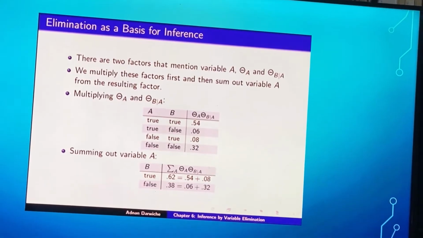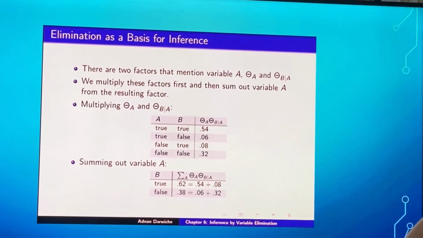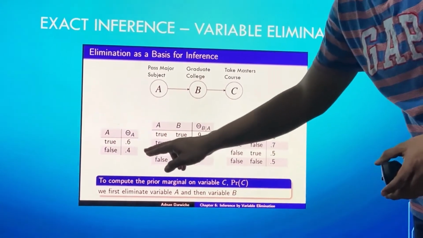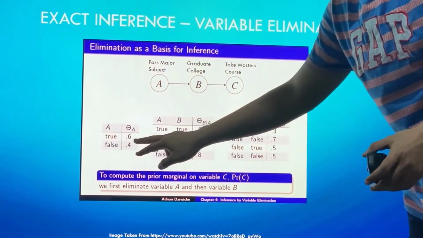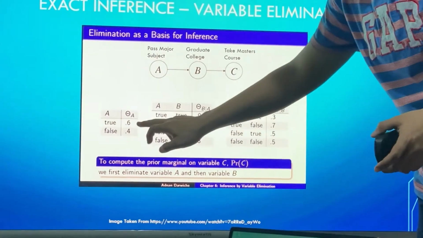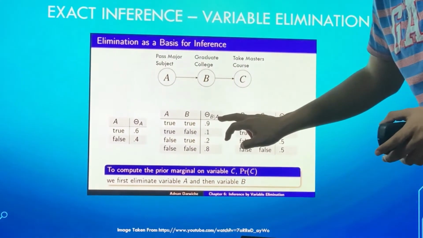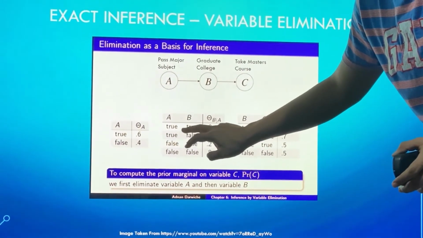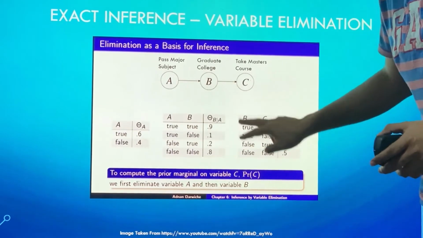So how do we multiply two factors? It's basically a simple process. We take the value where A is true. The probability that A is true is 0.6, and we multiply it by the probability of theta B given A, considering that A is true, which in this case is the first two rows.